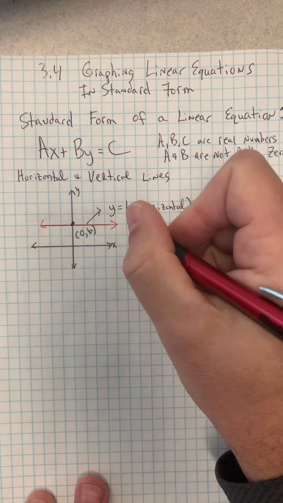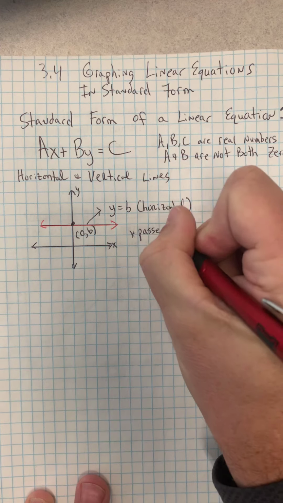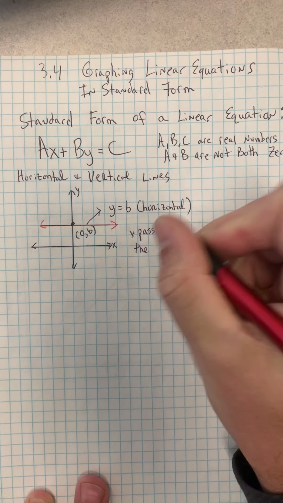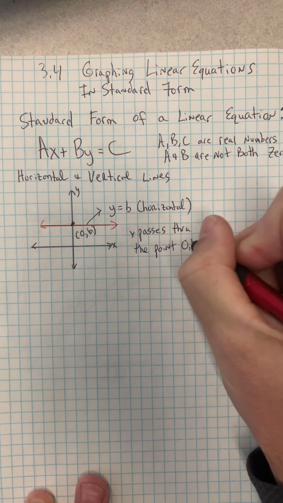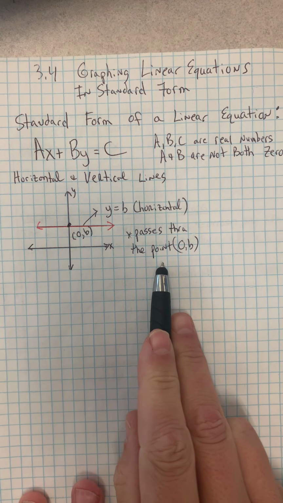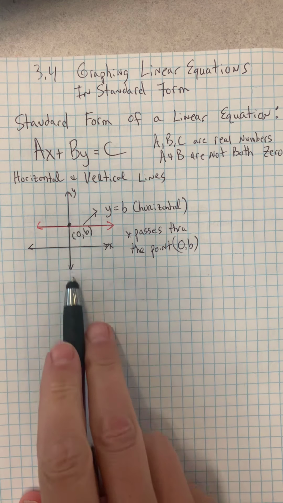This passes through, and this is important, the point (0, b).